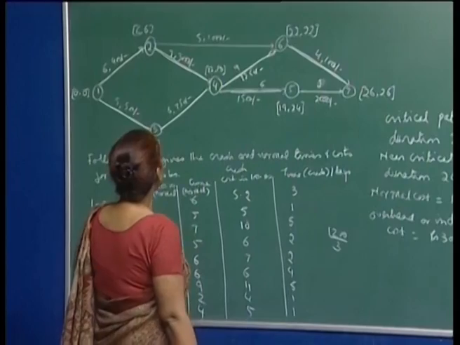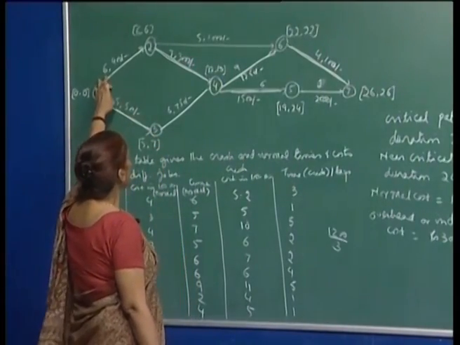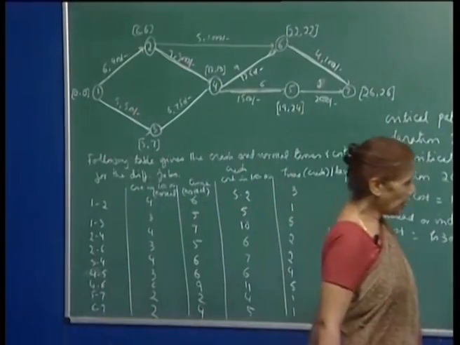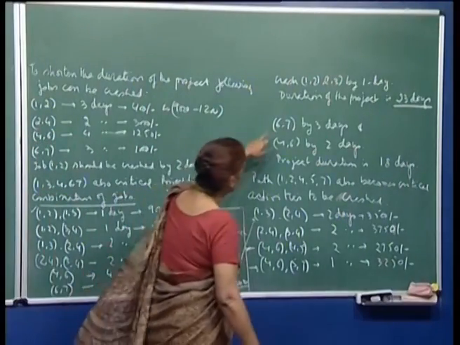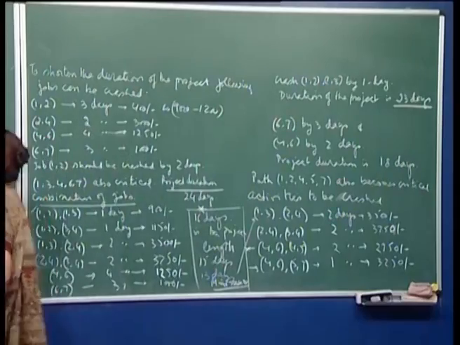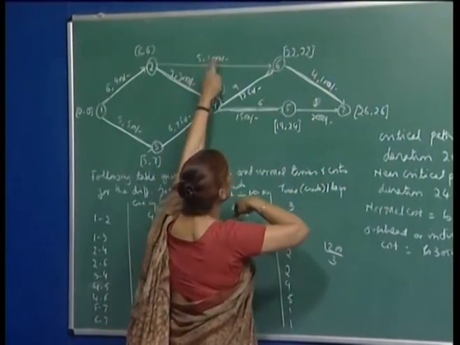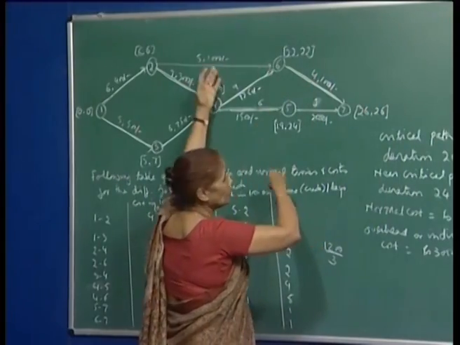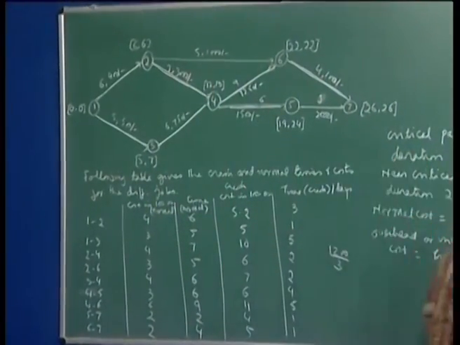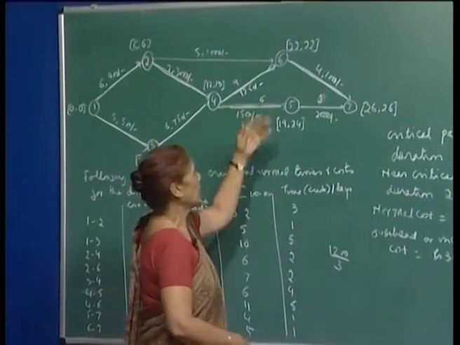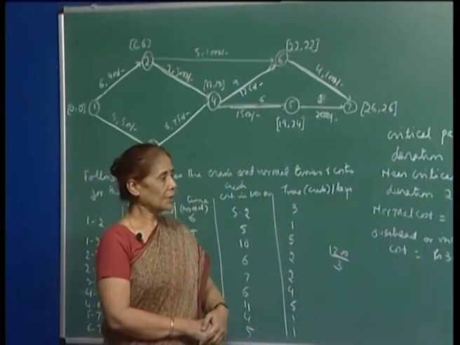Now, you crash this to 3 days, and activity 6, 7 we crash by 3 days. So, that means here this is 1. So, this path will continue to be 3 plus 5, 8, 8 and 1, 9. So, you see 9 is much below 13. Therefore, there is no need for activity 2.6 to be crashed. This is one example I can give you right away.